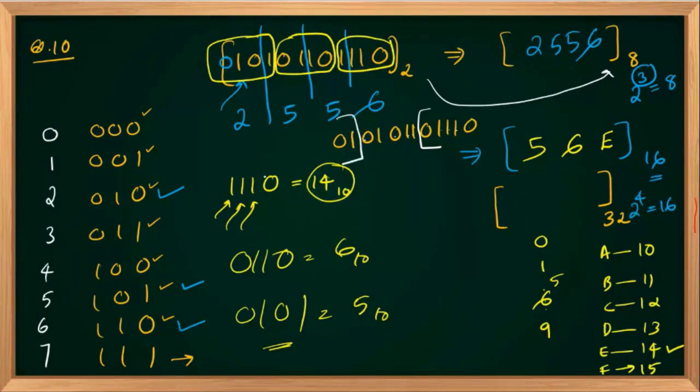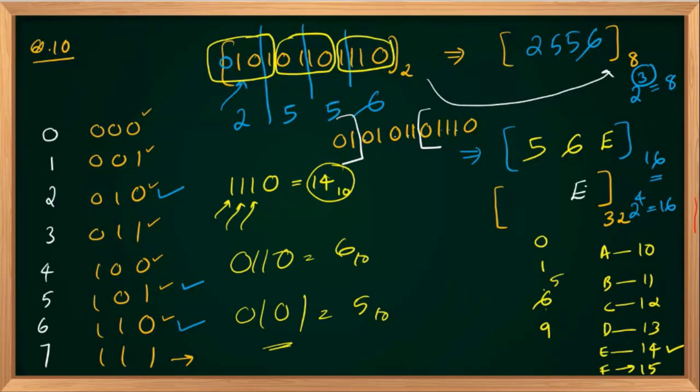So 0, 1, 1, 1, 0 is 14 decimal. I will take the digit as E itself, because 14 decimal in the base 32 system will have the symbol E. Then I should write E here.